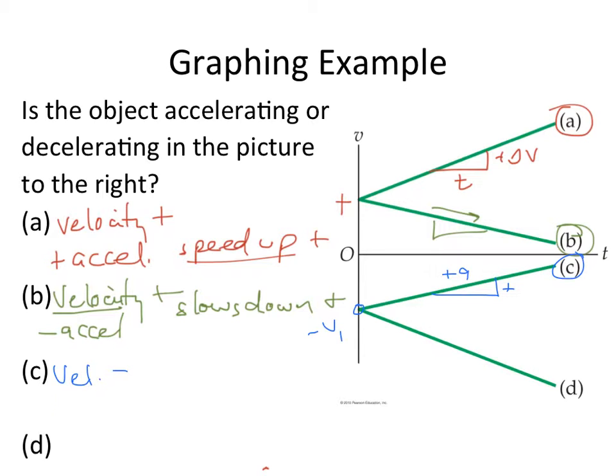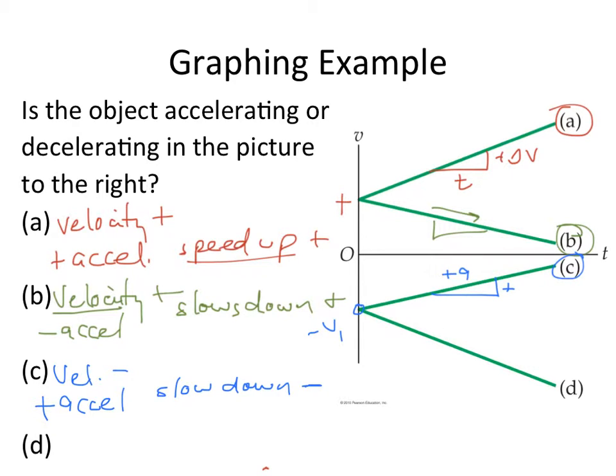So that means it's going to slow down in the negative direction. It's going backwards, but over time it's coming to a stop because it's approaching zero velocity. It's like you're backing up, but you're slowing down, and now you're stopping right there. So it slows down in the negative direction.